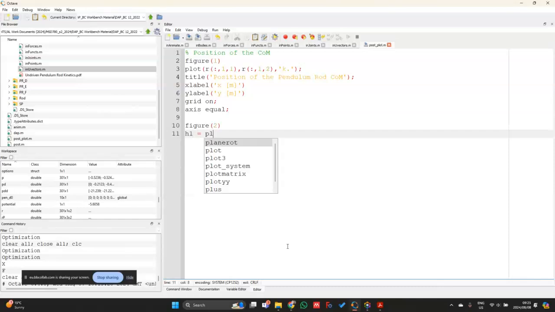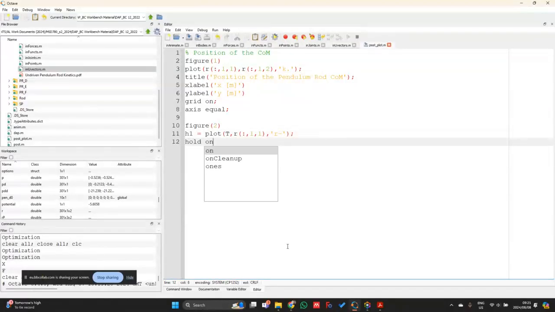So I'm just going to say in this case h1 is plot, and I'm going to use time, and let's say r. So now I just want to plot the x components, and let's maybe make that a red line.